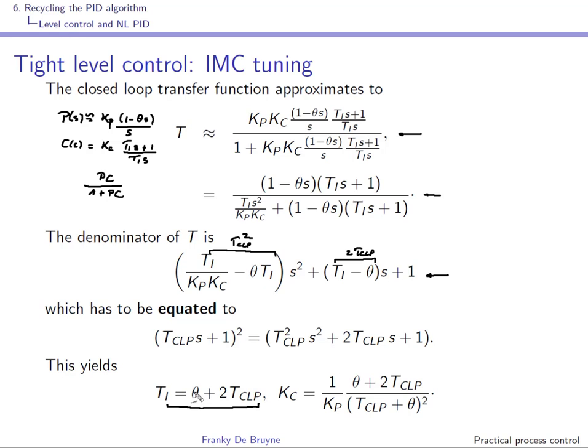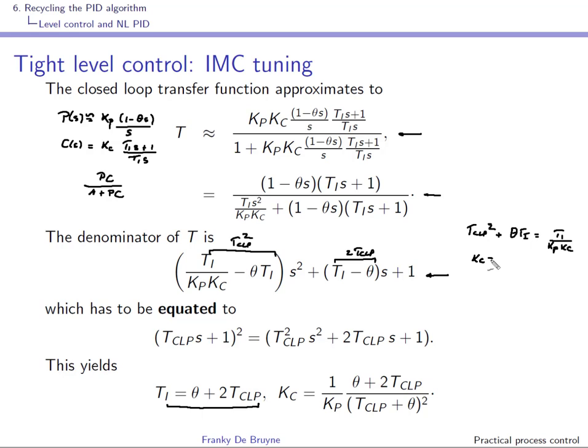So what we'll do here is write this one over here. So we'll have TCLP squared. We'll bring this one on the other side, plus theta Ti is equal to Ti over Kp Kc, right? So we can isolate Kc.